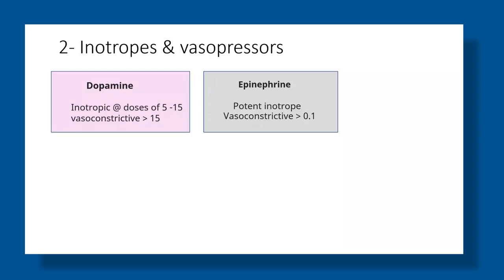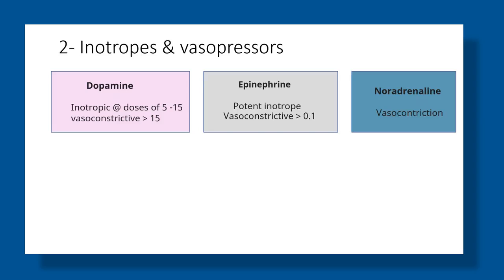Remember, dopamine has two actions: inotropic actions at moderately low doses from 5 to 15, but if you use very high doses above 15, it has a vasoconstrictive effect. So that's important to remember. Epinephrine is a potent inotrope, increasing the contractility of the heart. In very high doses, it also causes vasoconstriction.